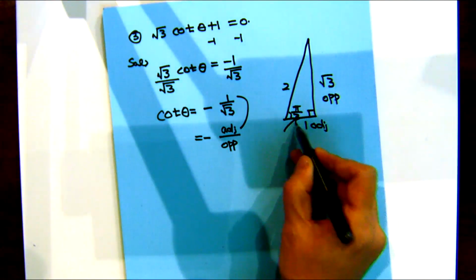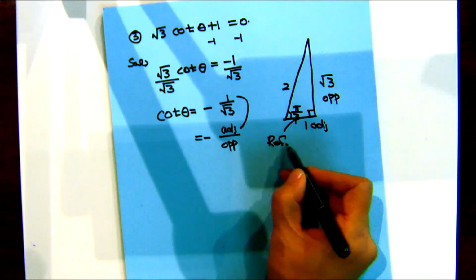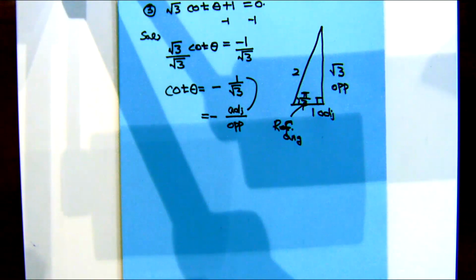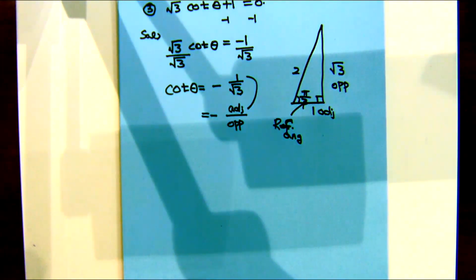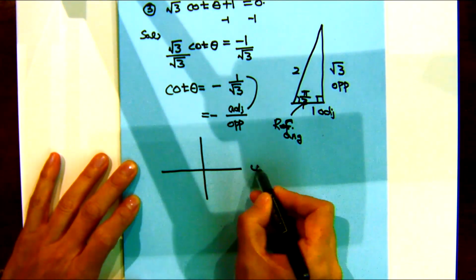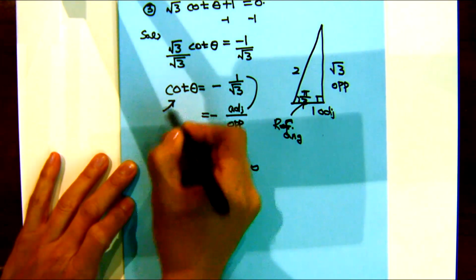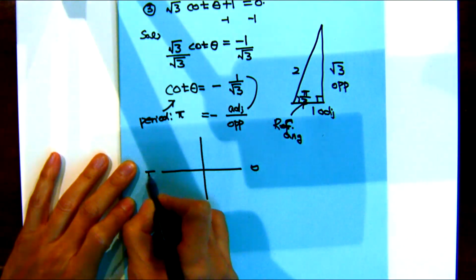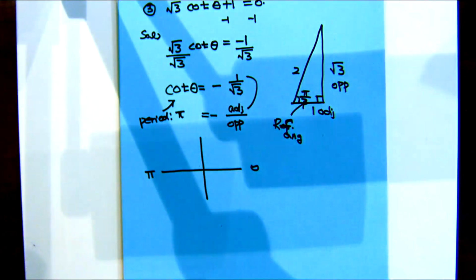So pi over 3 is a reference angle. Right? And then keep in mind that cotangent's period is pi. So all we have to figure out is the solution between 0 and pi, and then we will generalize.